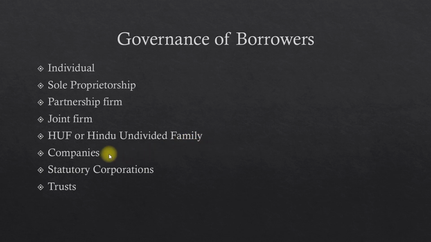Companies are governed by Companies Act. Statutory corporations by acts that have created them. Trust is by Indian Trust Act, Public Trust Act, Religious and Charitable Endowment Act, Waqf Act and Cooperative Societies.